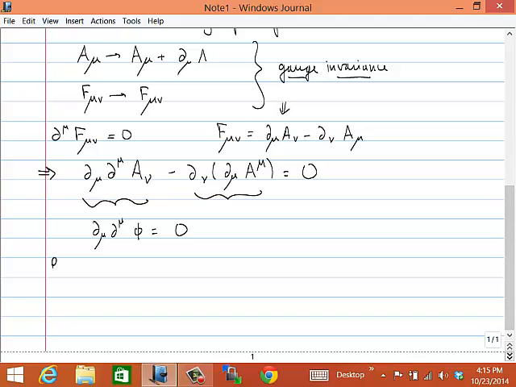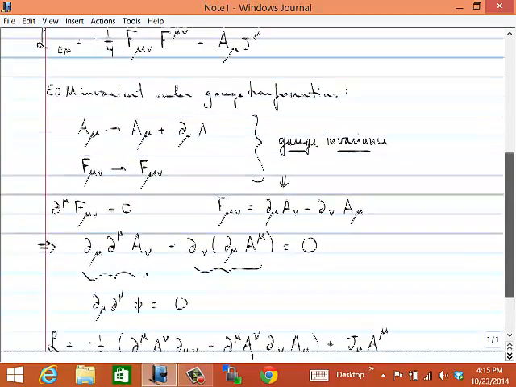Okay. So let's imagine trying to quantize the theory. If you were to write the Lagrangian in terms of A rather than F, well, it's just F squared. F is the derivative of A, anti-symmetrized. So in terms of A, you'll get an expression for the Lagrangian which looks something like that.